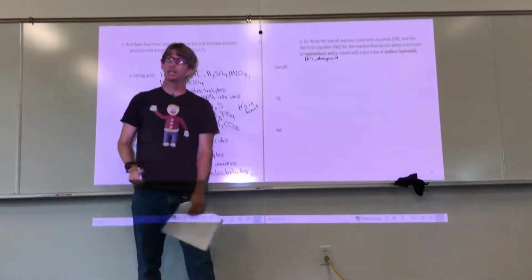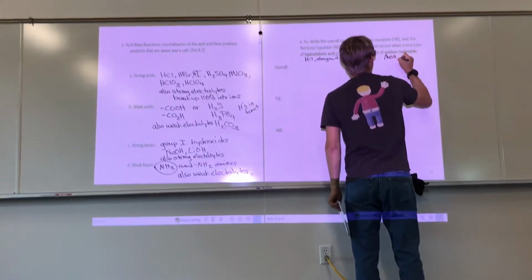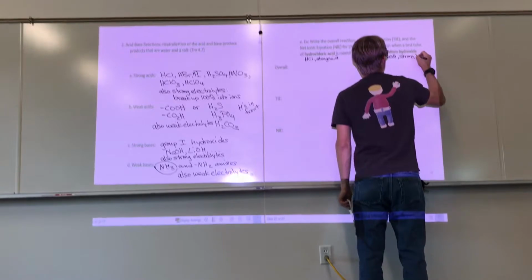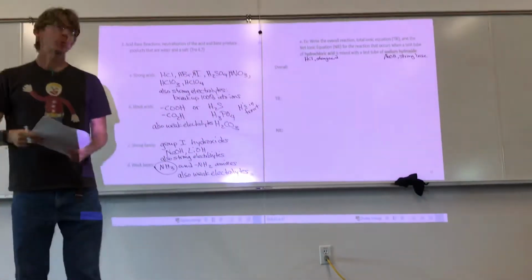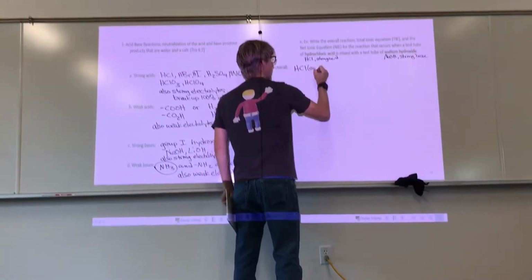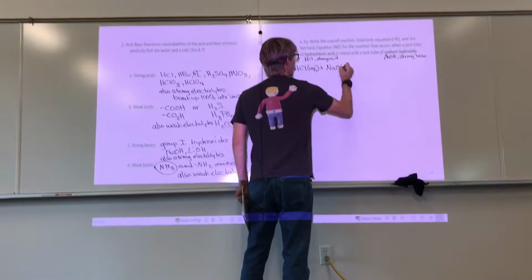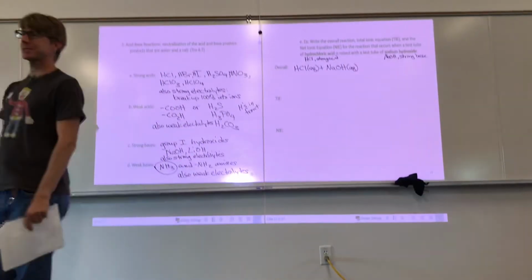Sodium hydroxide, NaOH, is a strong base. When we write them, we'll write them as HCl aqueous plus sodium hydroxide aqueous.